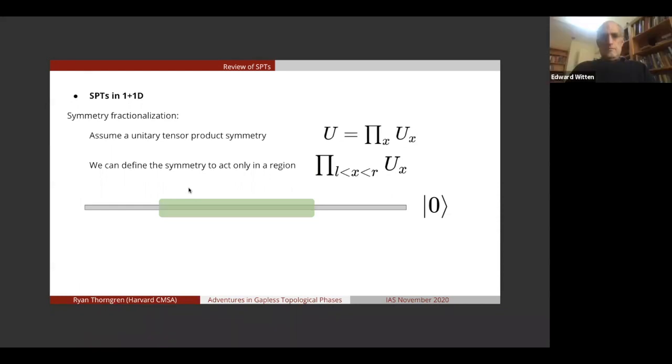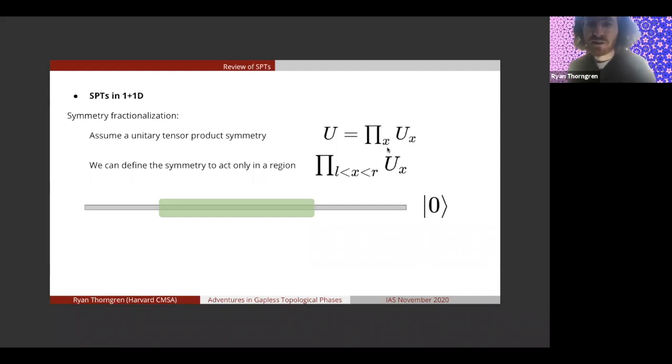So we're going to study symmetries which are on-site, meaning that the unitary operators for these symmetries are tensor products of local unitaries for a Hilbert space associated with each site. And if you have something like this, it's natural to define the action of the symmetry in some region by just taking the product of operators which are contained in that region.